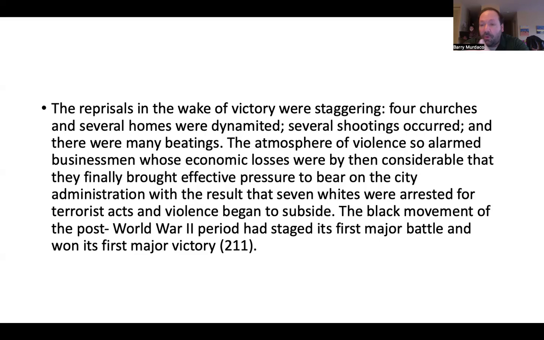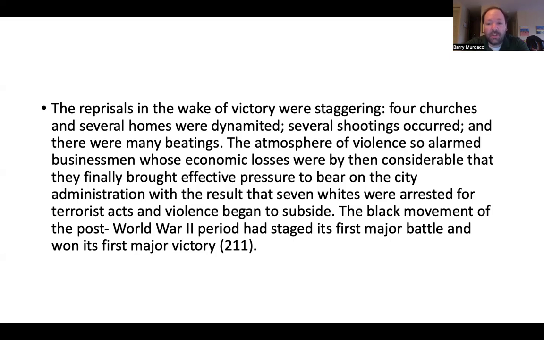So this was essentially forcing them to try to implement the desegregation policies, which had essentially now become a part of the law as a result of the Supreme Court. So even with that success, of course, it brought significant violence, as it says. The reprisals in the wake of victory were staggering. Four churches and several homes were dynamited, several shootings occurred, and there were many beatings.